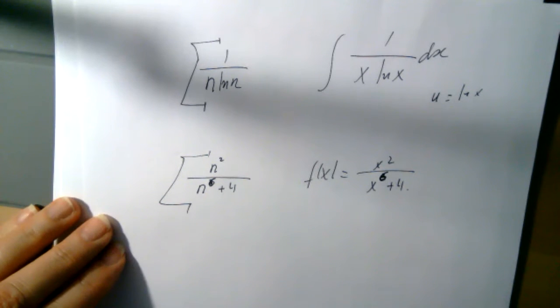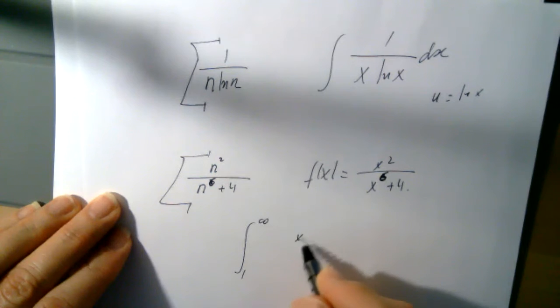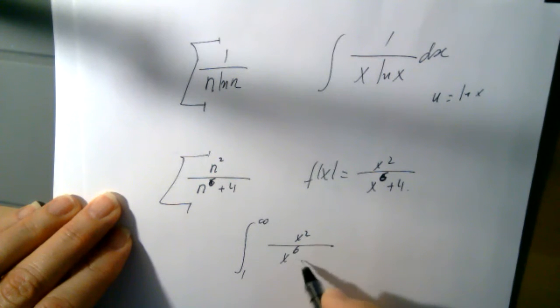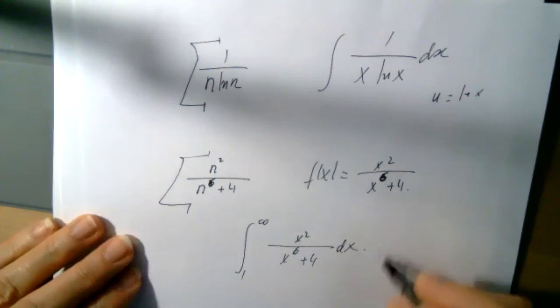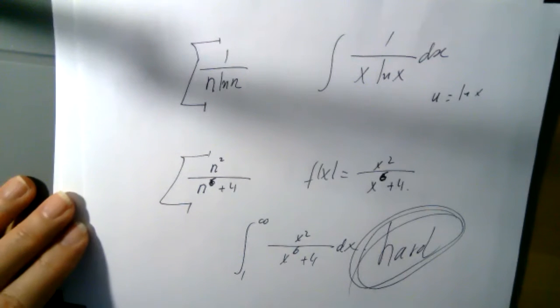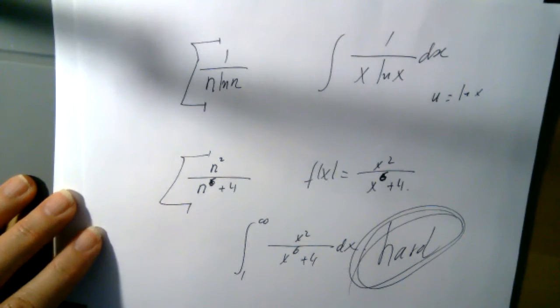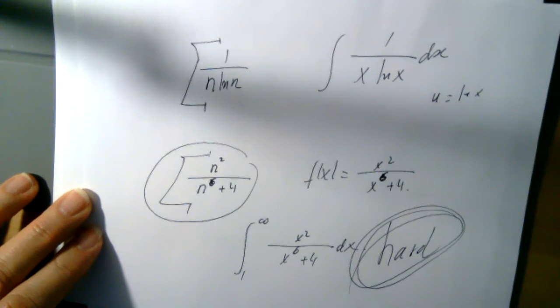Eventually this will decrease, you can graph it. But now, integrating this, what do you think the integral is? Do we know how to integrate that? My answer to you is almost impossible.